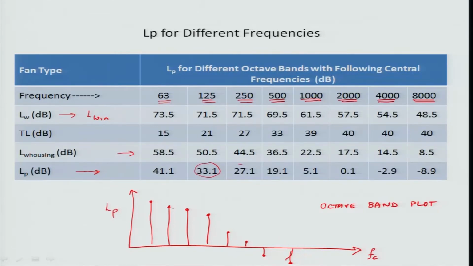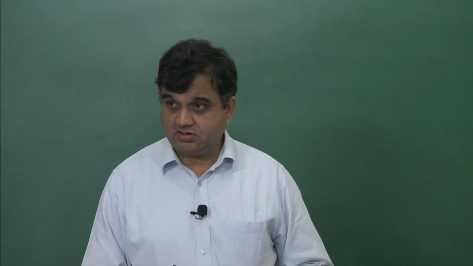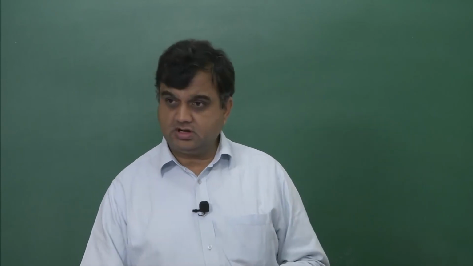Now the final step which we are going to do is, see, these are at different bands, we have different sound pressure levels, but we may be really interested in figuring out the overall sound power level or sound pressure level because of a combination of all these individual frequency components.